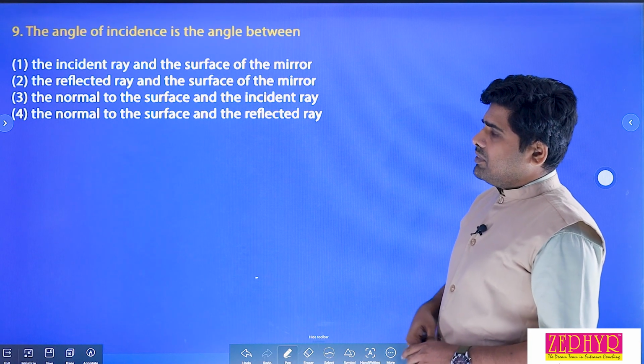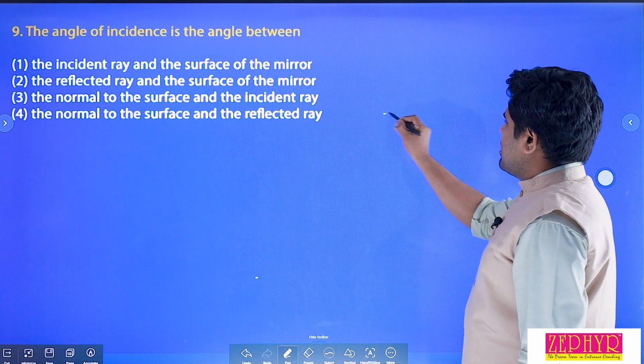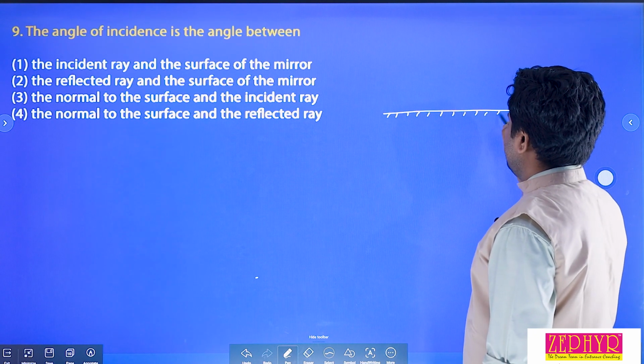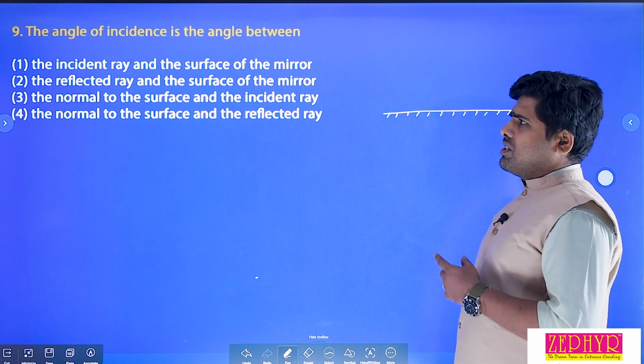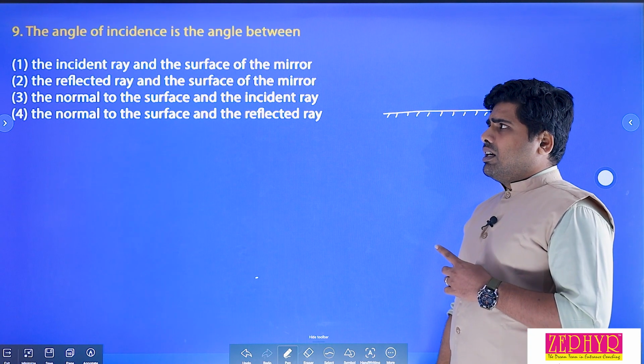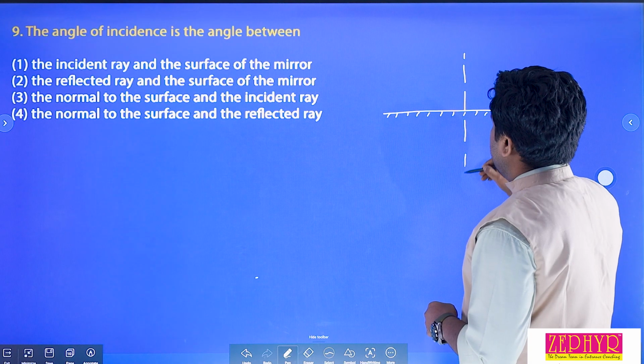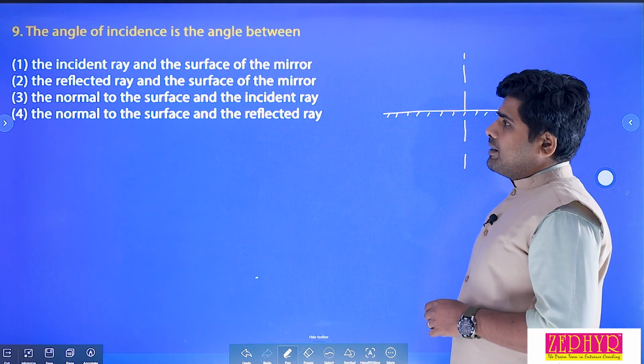So you just consider this one is a smooth surface. Actually this question is coming from reflection. So you just consider this one is the normal to the plane.